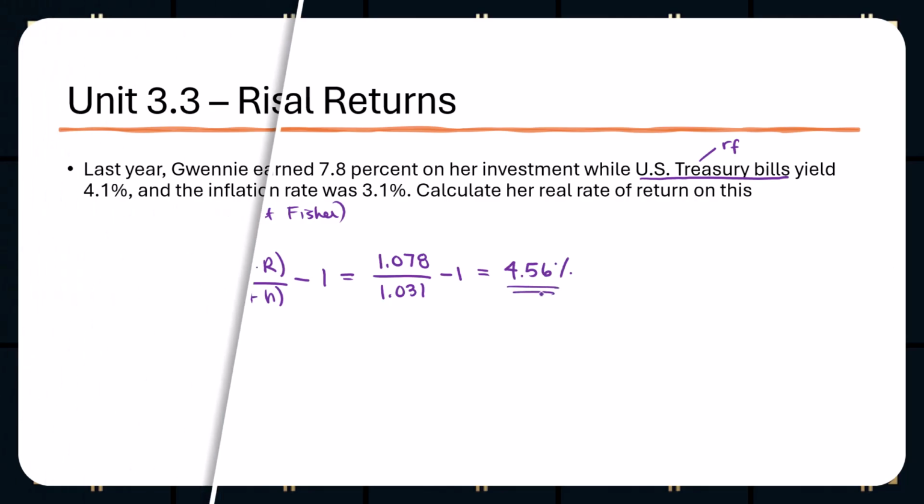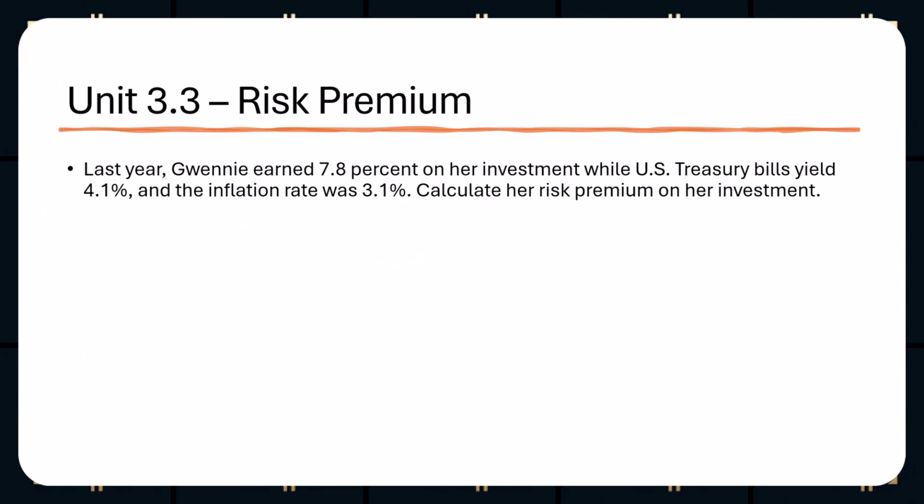We're looking at the exact same problem here, and that is last year Gwendolyn earned 7.8% on her investment, while T-bills yielded 4.1% and inflation was 3.1%. In this example, we want to calculate her nominal risk premium. Well, a risk premium is any return that is earned above the risk-free rate.